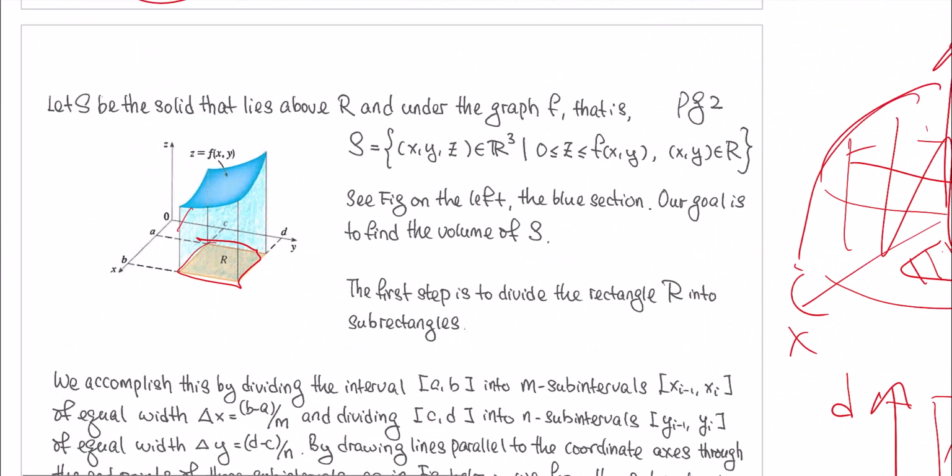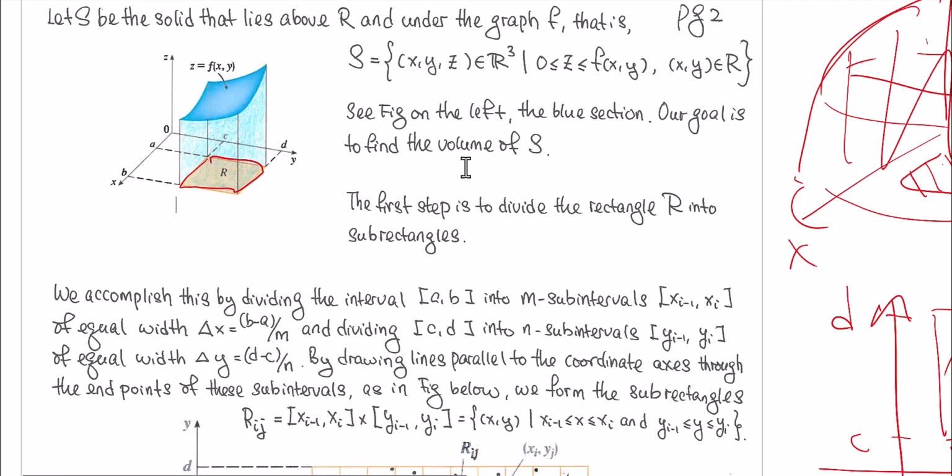You look at the region under the f(x,y) function above this rectangle R. You get a volume. Now the objective is to find this volume.